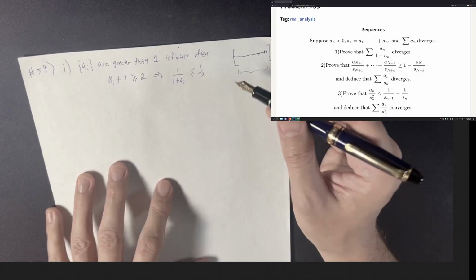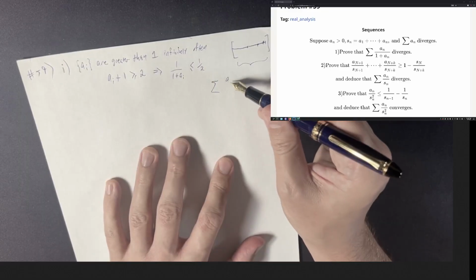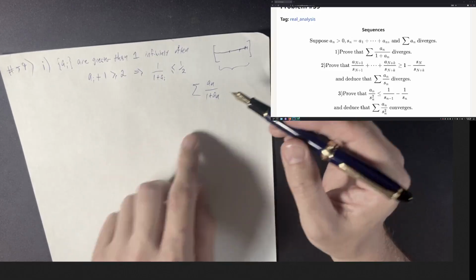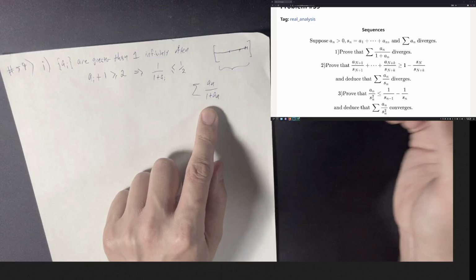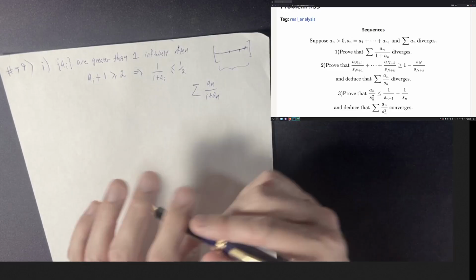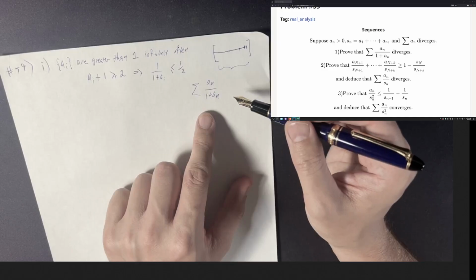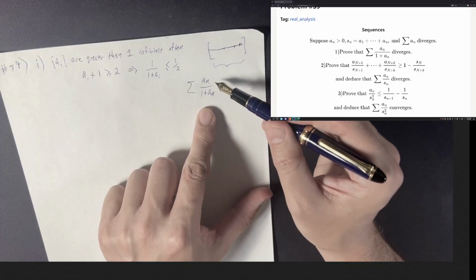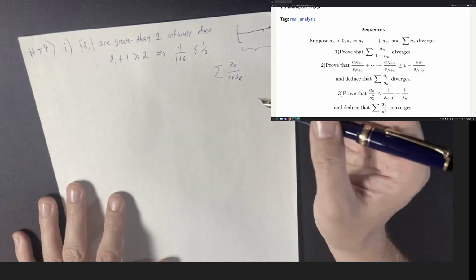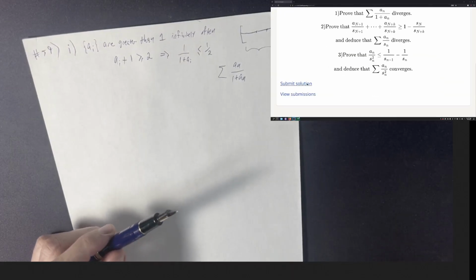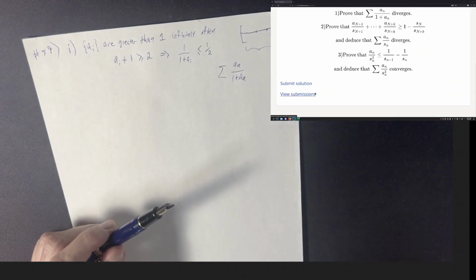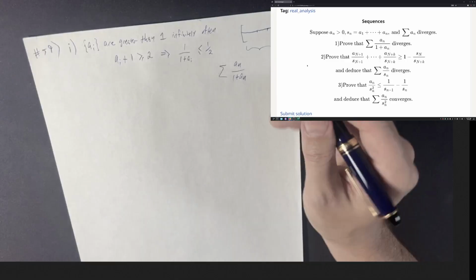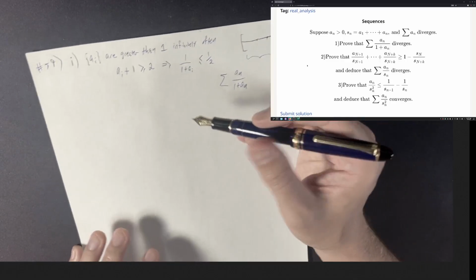I'm trying to compare this series to the original series. There's two ways we're going to show that this is divergent. Either this is greater than a sum of a fixed number, like half, or it's just comparable to the original series a_n, which is also divergent. And if you're sick of my babbling, you can just click on View Submissions. You'll see my actual answer. But I'm going to try to recreate it here if I can remember what I'm doing.